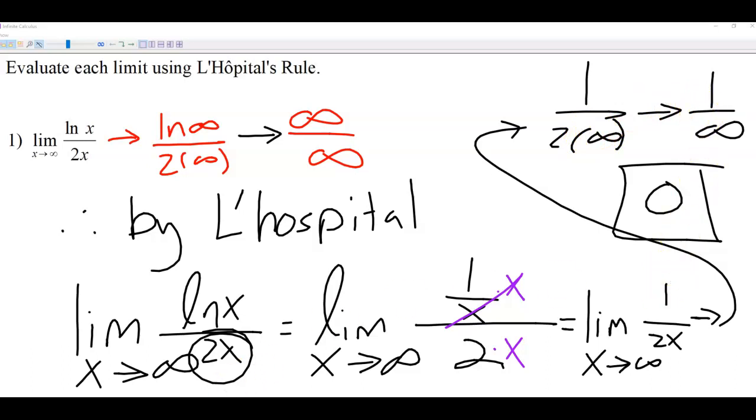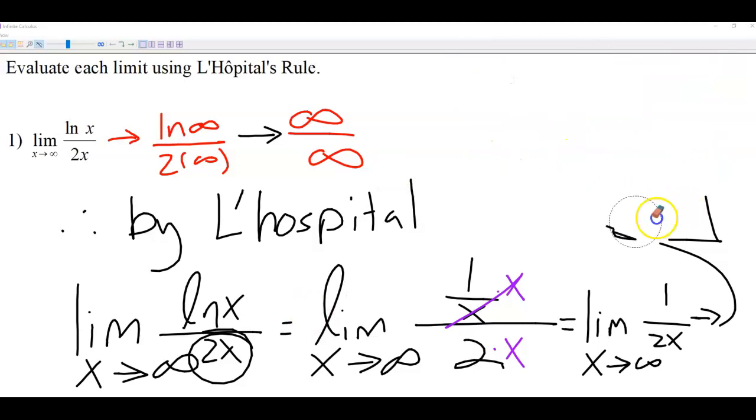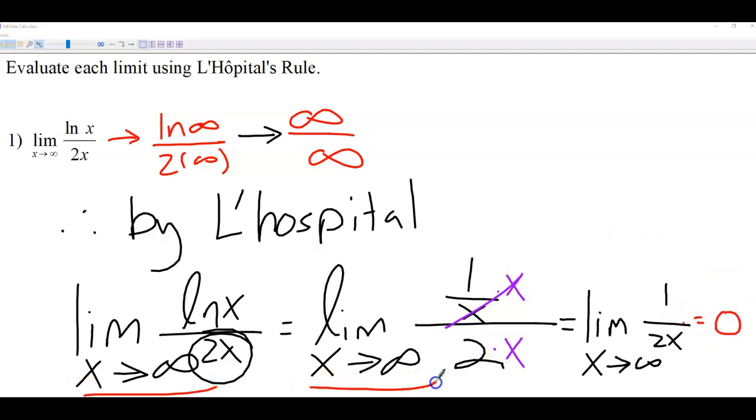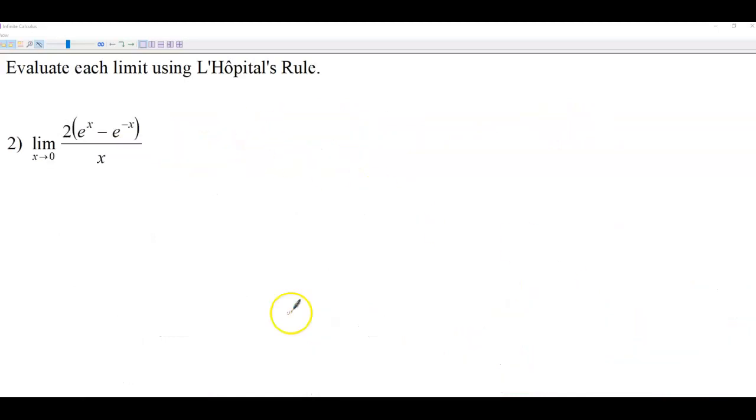So if you wanted to avoid all that, you could get rid of all these things here, and you could just put equals 0. Because it is true that this limit equals this limit by L'Hopital, and it's true that this limit is equal to this limit just by simplifying, and it's true that this limit actually equals 0. So here I'm comfortable with putting equal signs, but as soon as you start writing expressions with infinities and stuff, I would just use arrows.